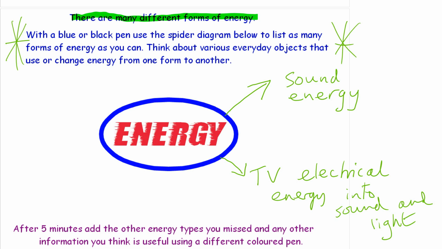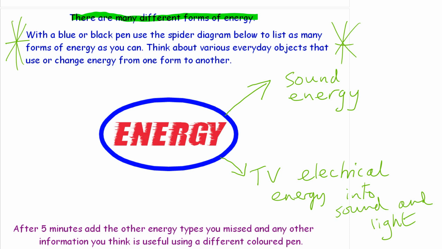Once you've run out of ideas, you can go on to the internet and see if you can find some of the other types of energies that are out there in the universe, and give a couple more examples of different appliances that change energy from one form to another.